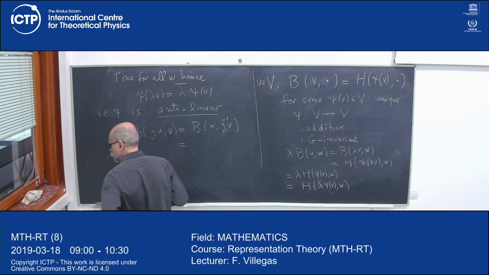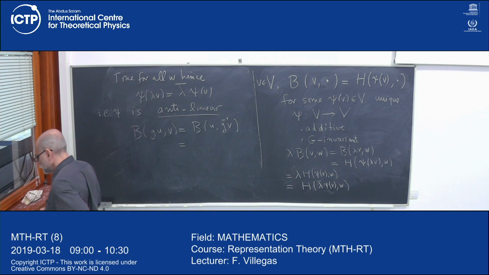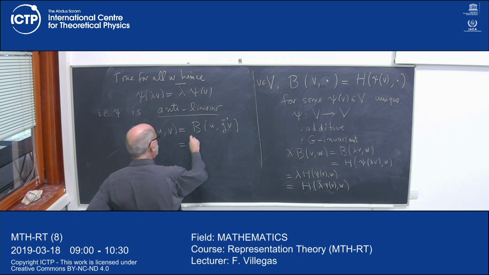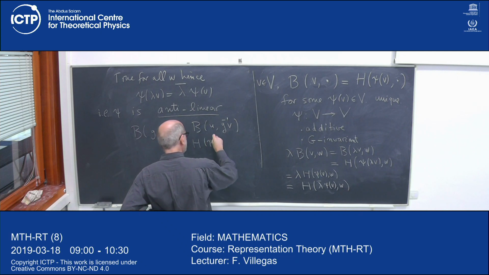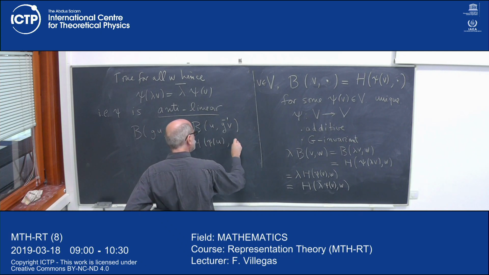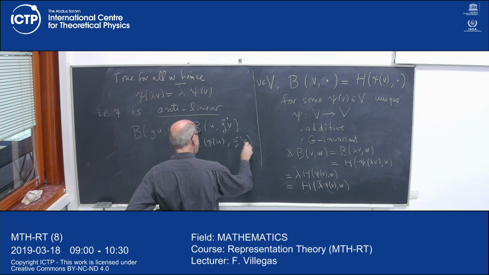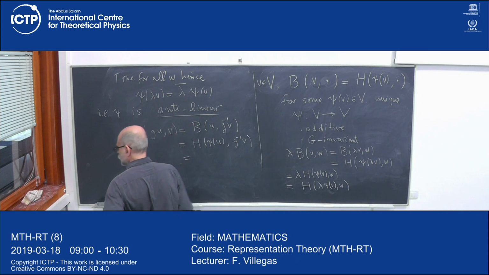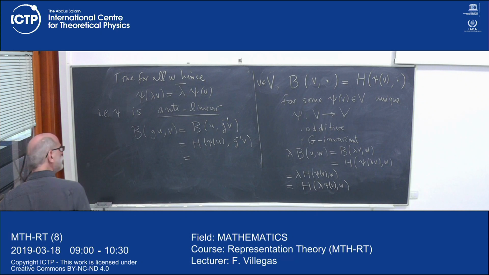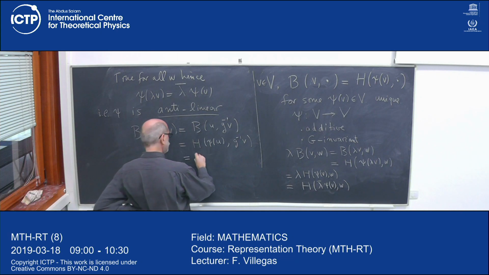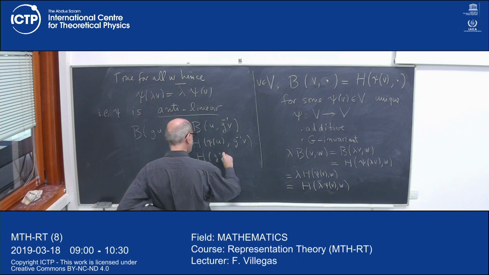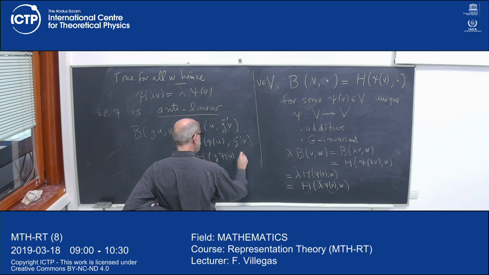So this is the same, by construction of H, as H of psi of u, g inverse v. Now H is G linear, so this is H of g psi of u, v.